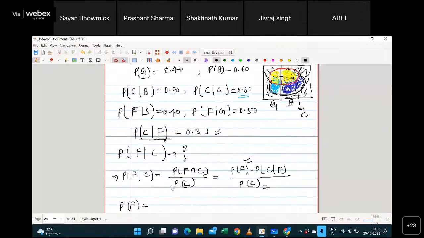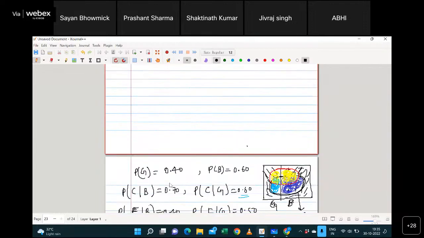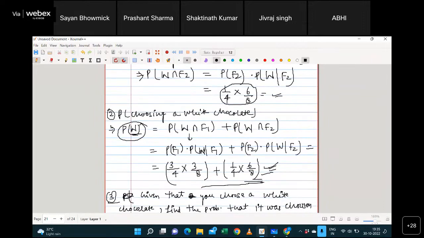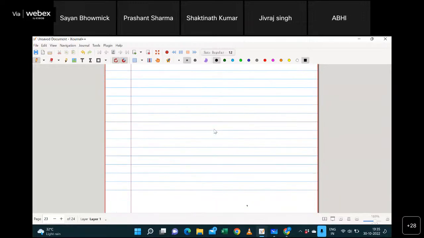You can relate this with the dark chocolate and white chocolate problem, where we found the probability of choosing a white chocolate from fridge 1 or white chocolate from fridge 2, and similarly dark chocolate from fridge 1 plus dark chocolate from fridge 2. Same things we can do here.